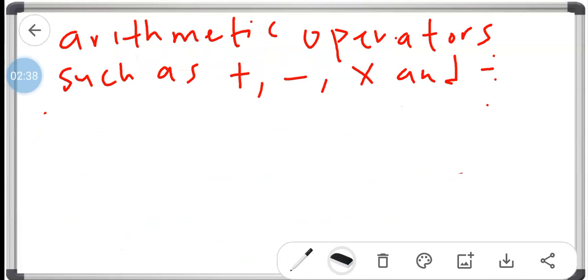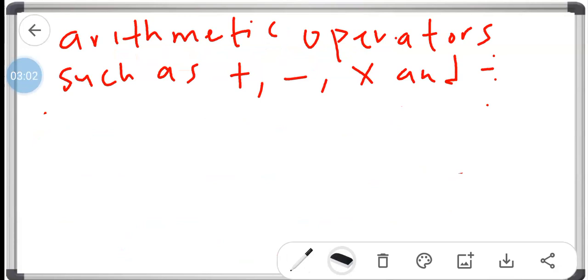So we said an algebraic expression is a collection of letters and symbols connected together by arithmetic operators. The next thing we'll be considering are the rules of the basic operators.